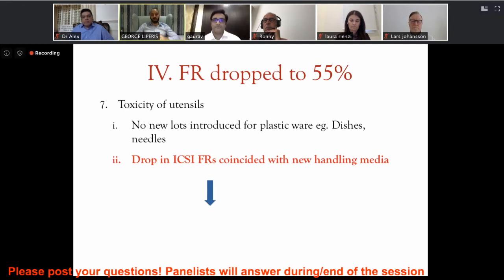For example, with ICSI, the focus would be mainly on the stages of the manipulation, the laboratory air, and toxicity of the utensils. With IVF, it might be the lots of the fertilization media. It might be anything to do with the preparation methods of the sample. The incubator humidity would also be looked at, and of course tissue making and dish making are very important for both techniques.